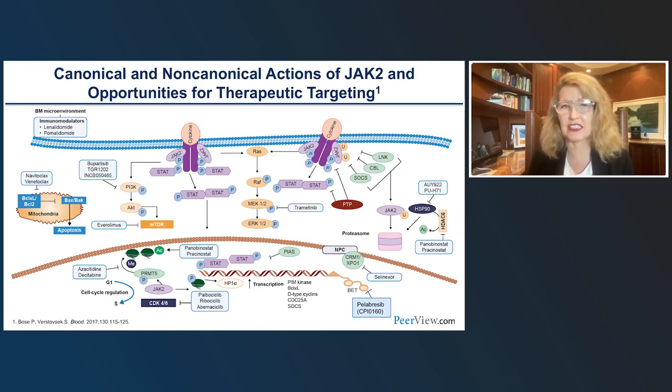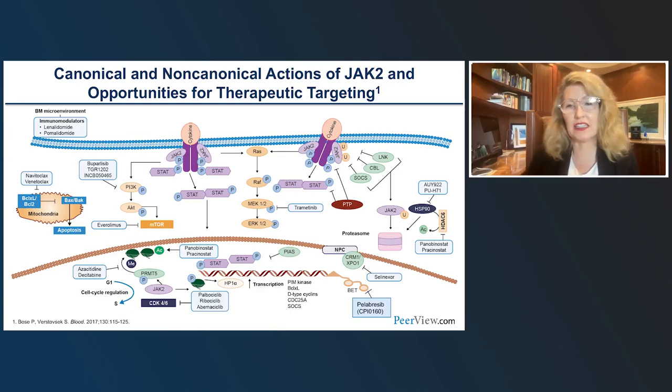The only thing is it's a little bit more complicated in myelofibrosis. In most patients with myelofibrosis, they've activated not just BCL2, but other BCL2 family members like BCL-XL, and that promotes survival of the malignant clone.